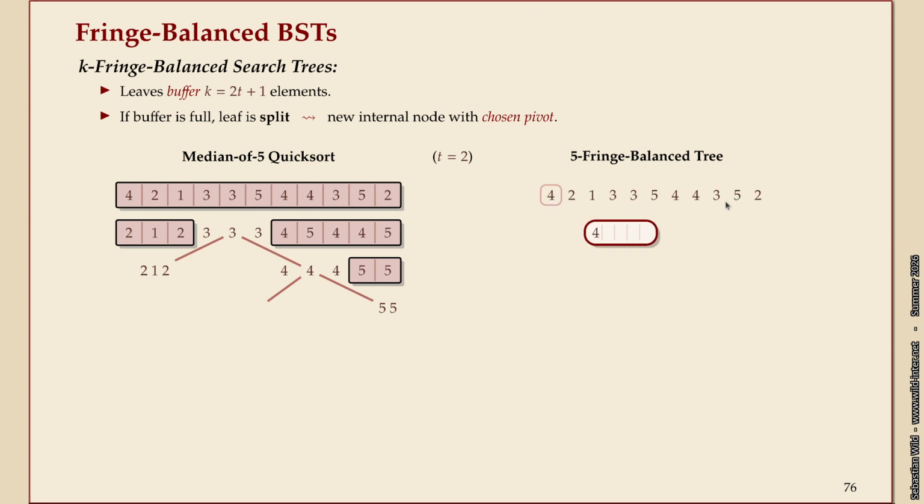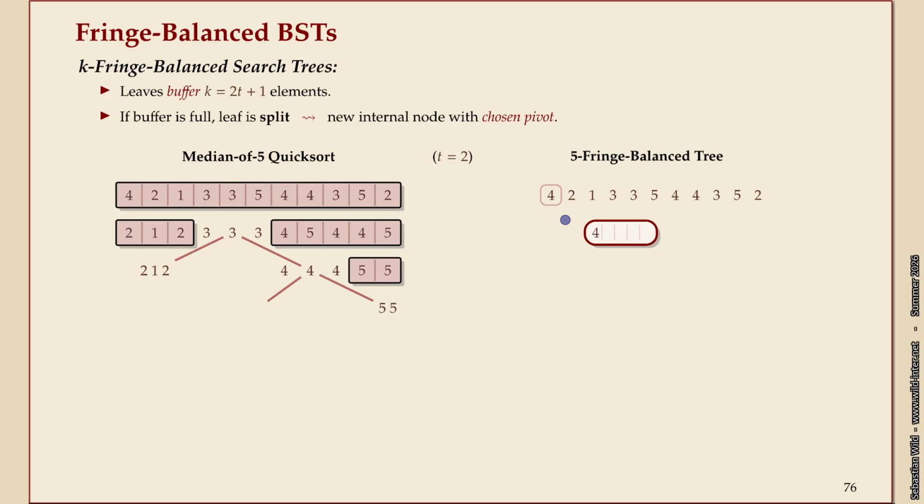If you take the same sequence again, you can build a binary search tree variant. These are these fringe balanced binary search trees that simulate the very same process. And the idea is fairly simple. It's a normal binary search tree, except that the leaves have a larger buffer.